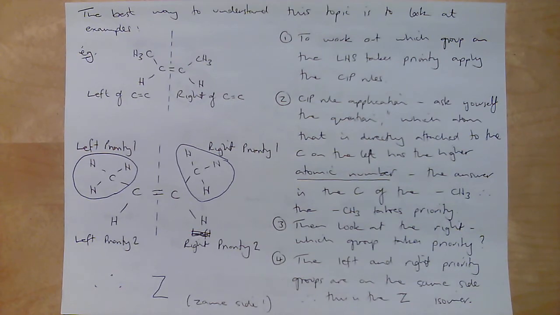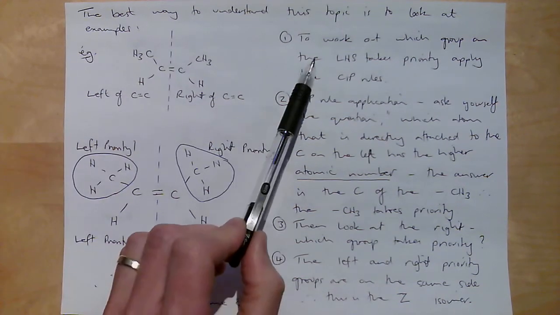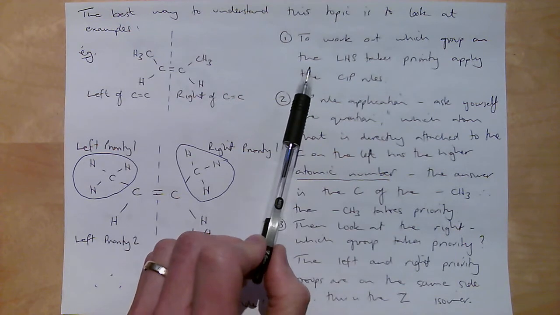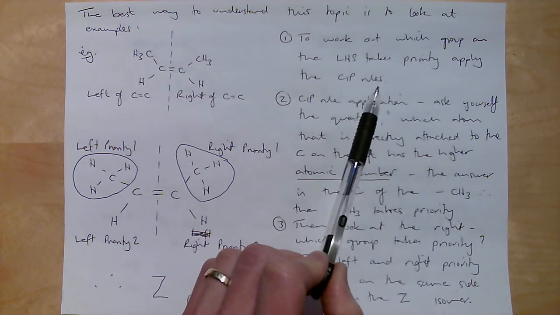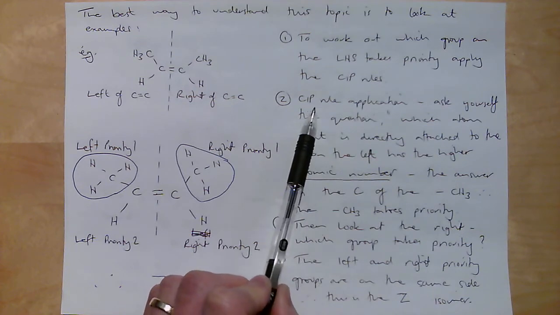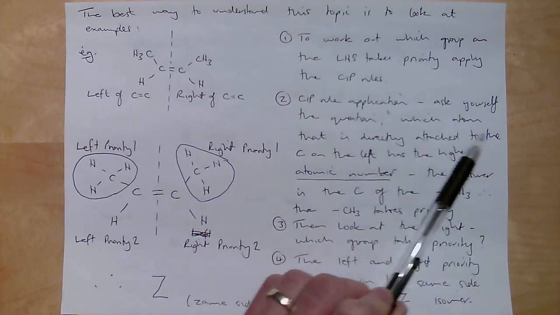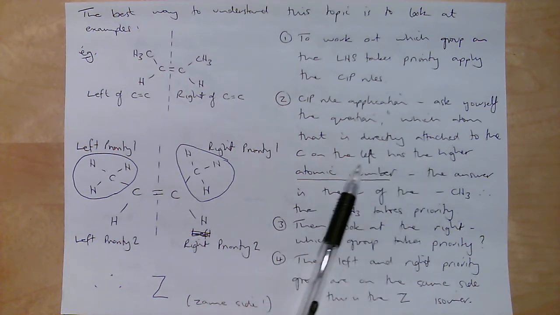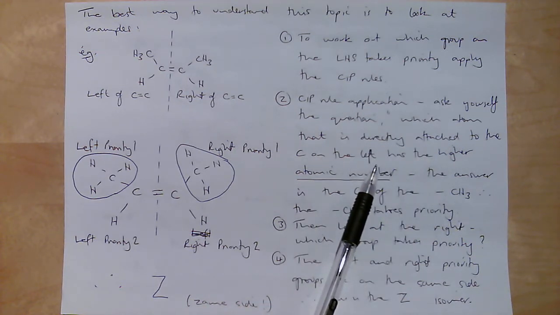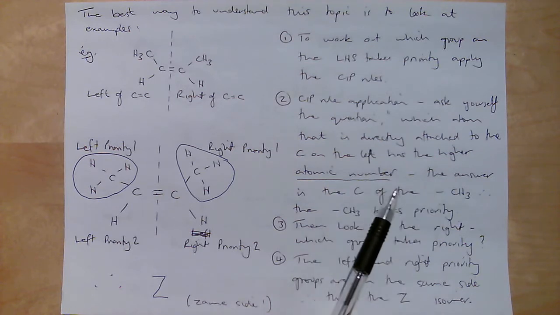Let's read through this carefully. To work out which group on the left hand side takes priority, apply the CIP rules. Ask yourself the question: which atom directly attached to the carbon on the left of the double bond has the higher atomic number?